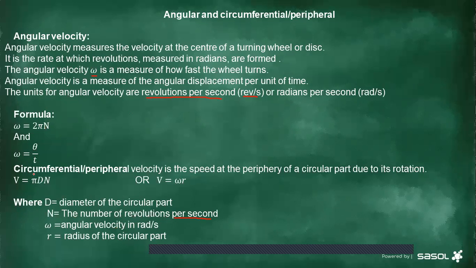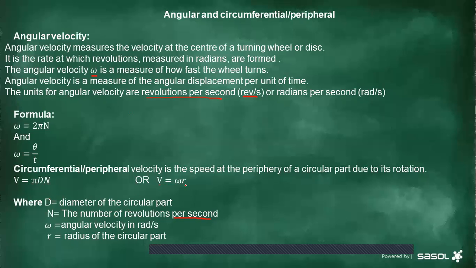And then we move to circumferential or peripheral velocity. It is the speed at the periphery of a circular part due to its rotation. That is the speed that we are calculating. Now the formula for circumferential velocity is V equals pi d n, where d is the diameter of the circular part, and n, of course, is the number of revolution per second.